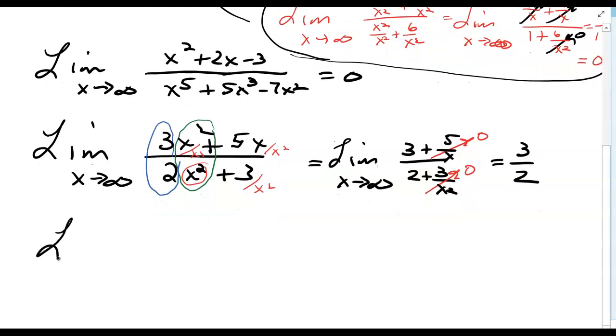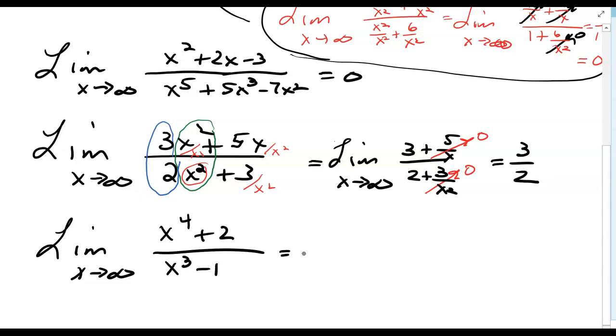All right, so let's take one last look at what happens if the higher exponent is in the numerator. Well, I'm thinking you can see it right now. If I divide everything by x cubed, which is my highest in the denominator, that's what you want to divide everything by.